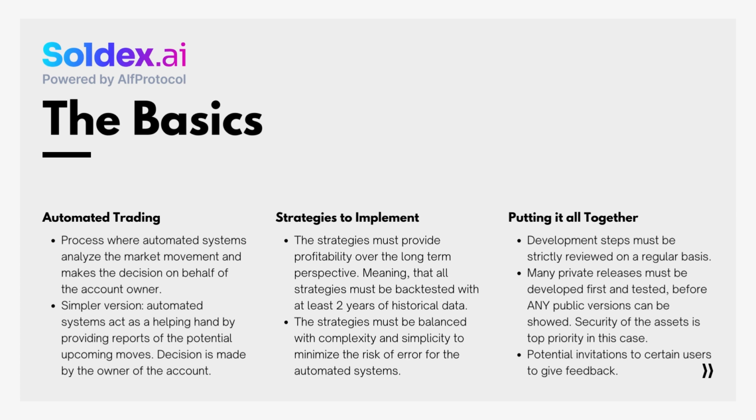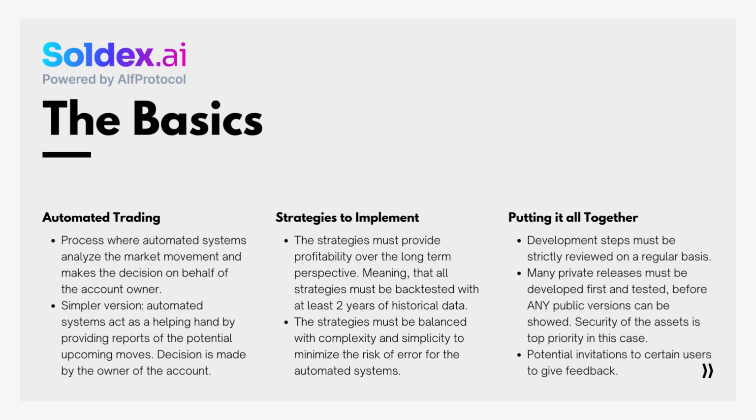Now, regarding the strategies to implement within the AI to actually learn and analyze the market, there are a lot of different variables. The top two things to understand are that the strategies must provide profitability over the long term perspective, meaning that all strategies must be backtested with at least 2 years of historical data.